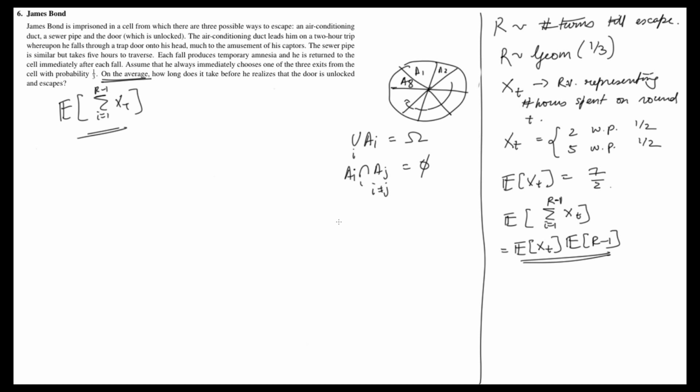If you have events like that, the expectation of some random variable B is equal to the sum over all A_i of the expectation of B given A_i times the probability of A_i. So you don't need to know this, but it's actually very simple to prove.